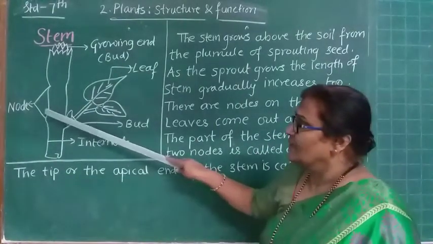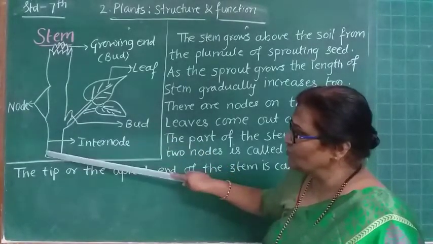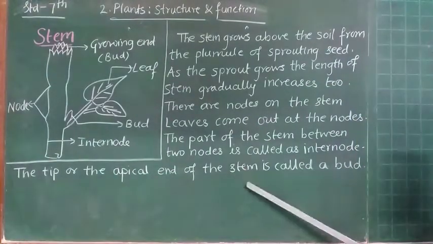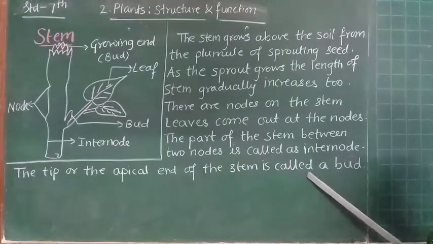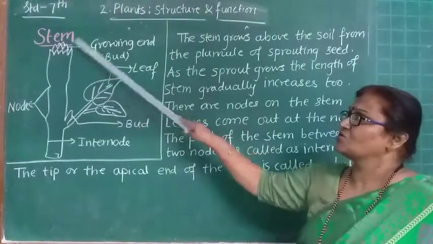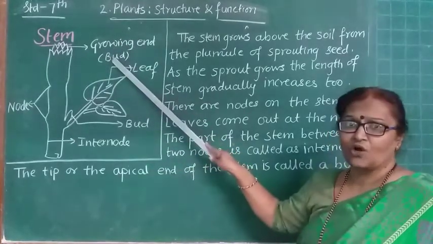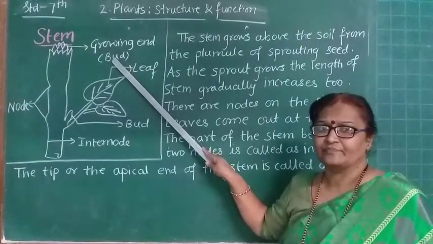That means the part between these two nodes is called an internode. Then see, a tip or the apical end of the stem is called a bud. This tip is also called the growing end of the stem, and it is also called the bud of the stem.